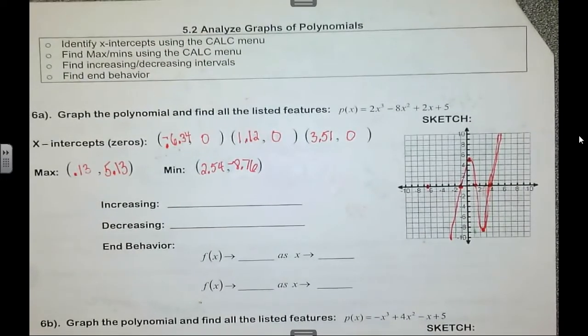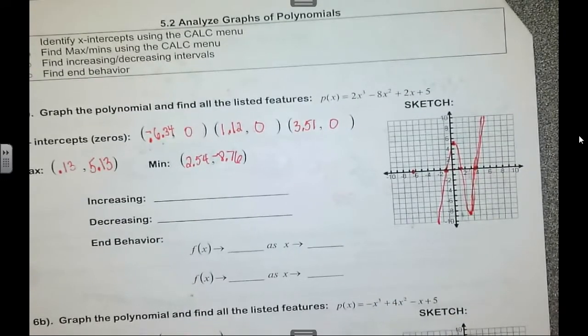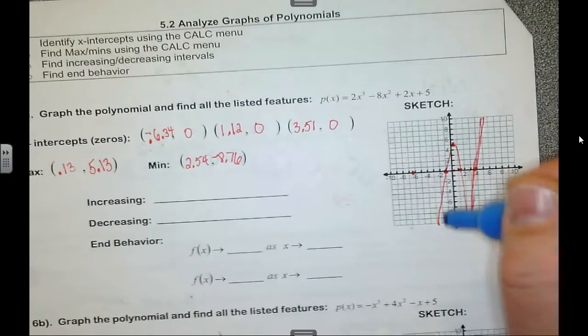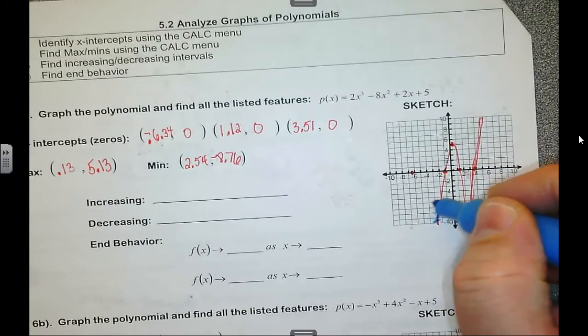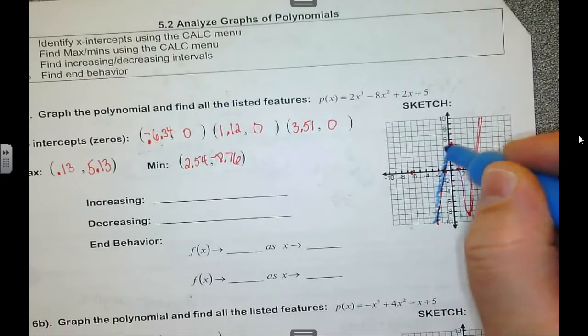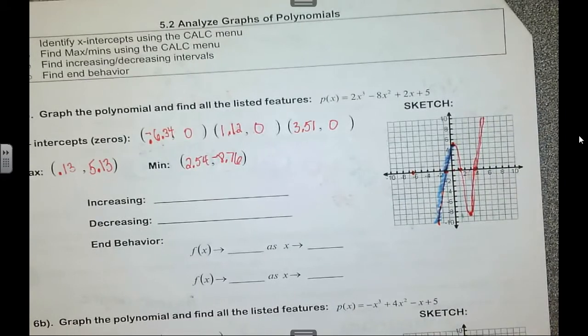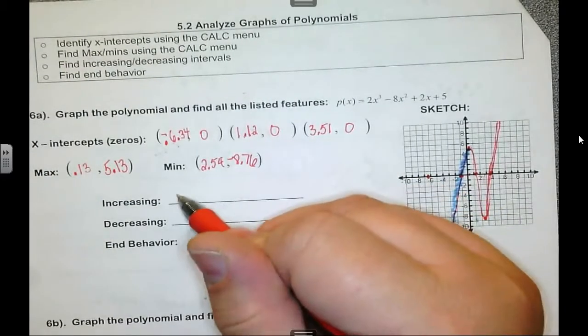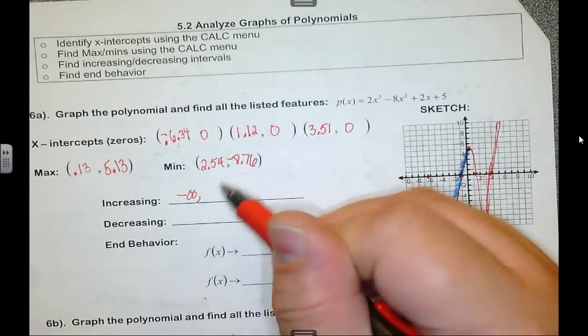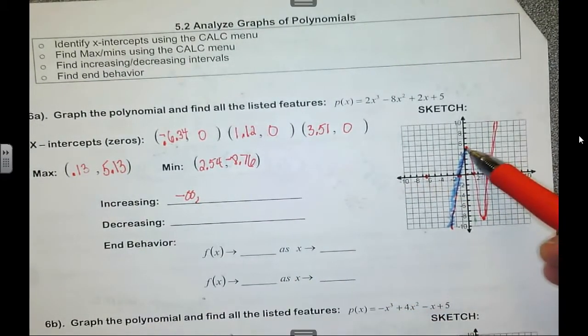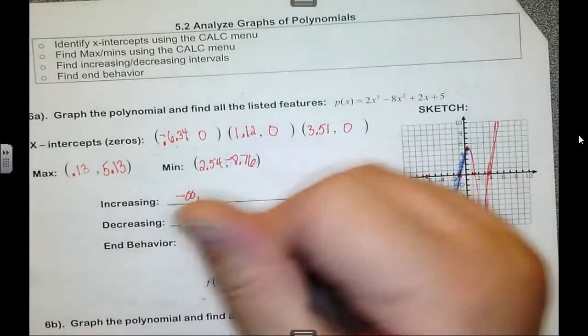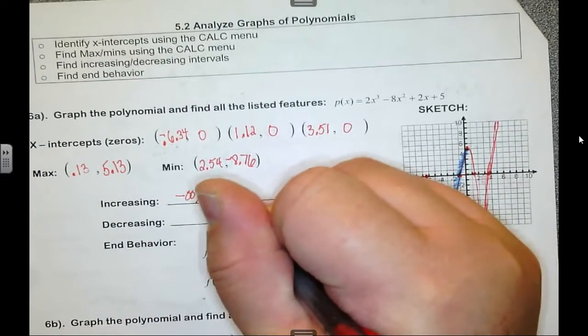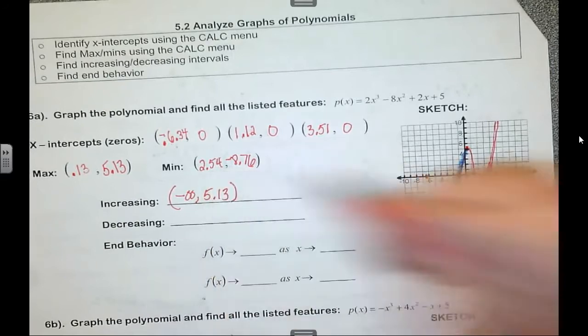Okay, where's it increasing? The increasing starts at negative infinity and goes up to the y value of my max, which is 5.13. Increasing and decreasing, always use parentheses.